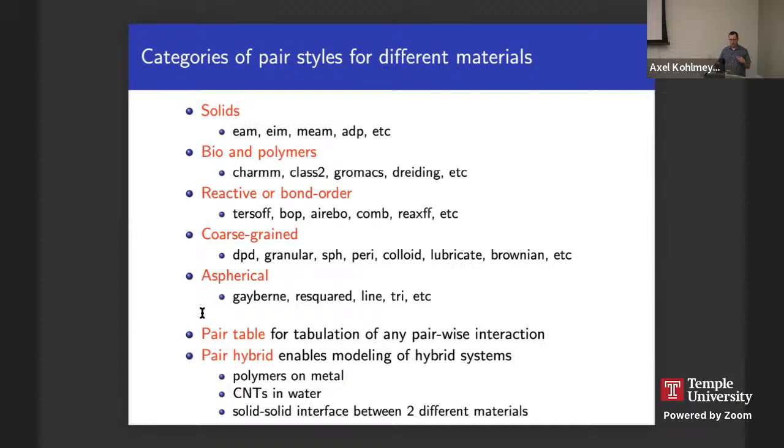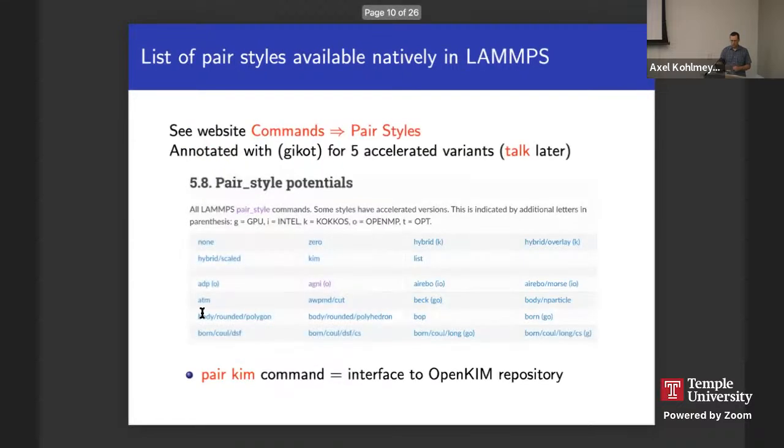You have one pair style for the polymer, one pair style for the metal, and then some way to do the cross interactions as well. It could also be used for carbon nanotubes in water, or say a solid interface between two different materials, and you use two different pair styles for the different solid materials.